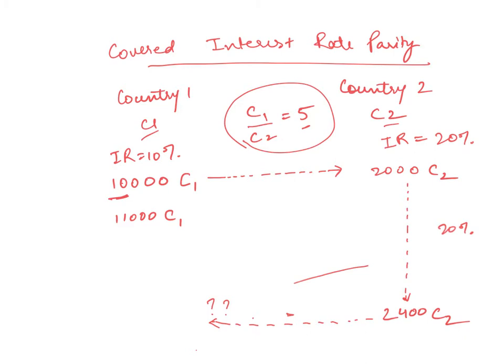That is the answer that covered interest rate parity gives me: the future rate F1 is going to be S0 times (1 plus R of C1) over (1 plus R of C2), times days upon 360.